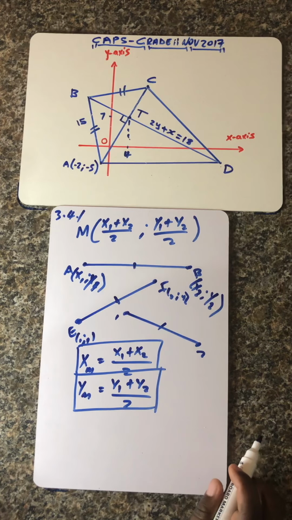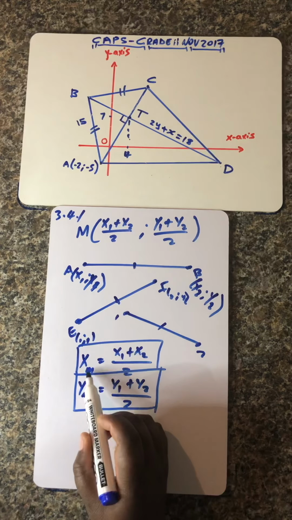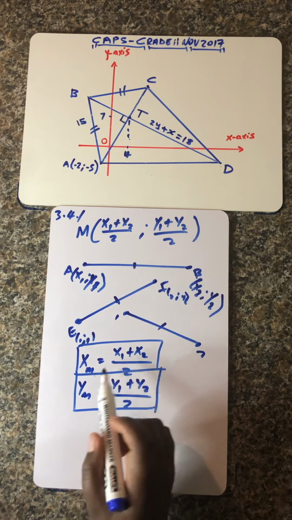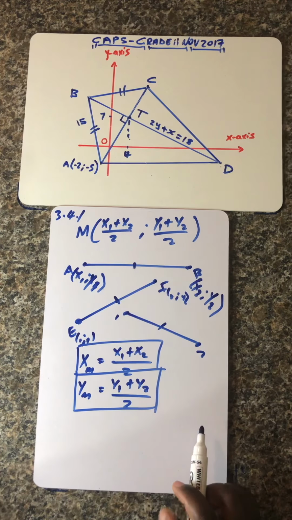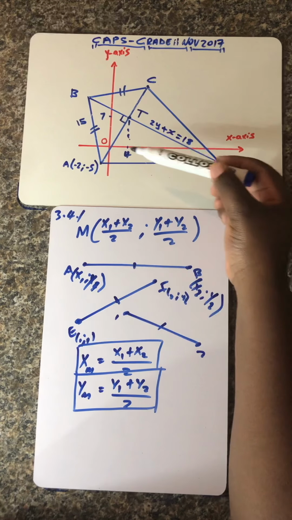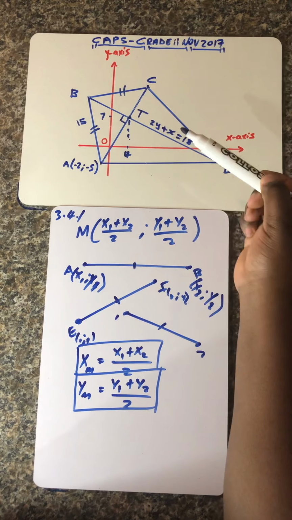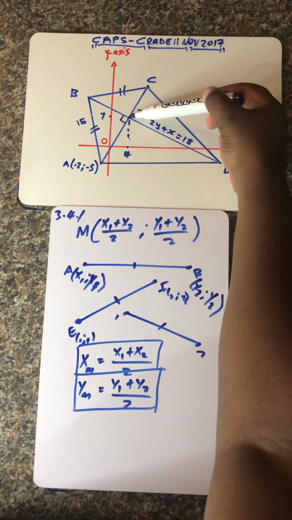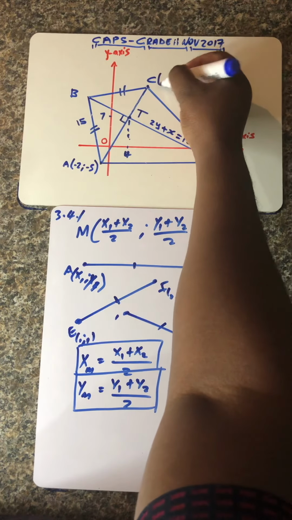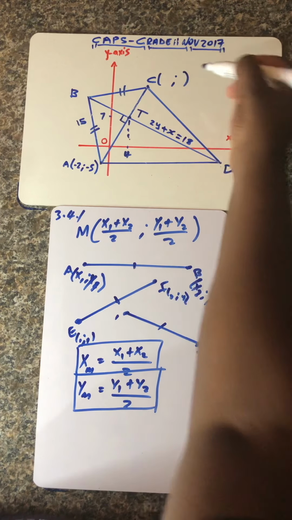So you just need to be aware, from the given statement or from the question itself, whether you are requested to calculate the midpoint or a point where you might use the midpoint formula. So I'm just trying to bring you closer to this question, guys. Can you see we've got point A, we've got the midpoint. So now the question wants us to calculate the coordinates of C.